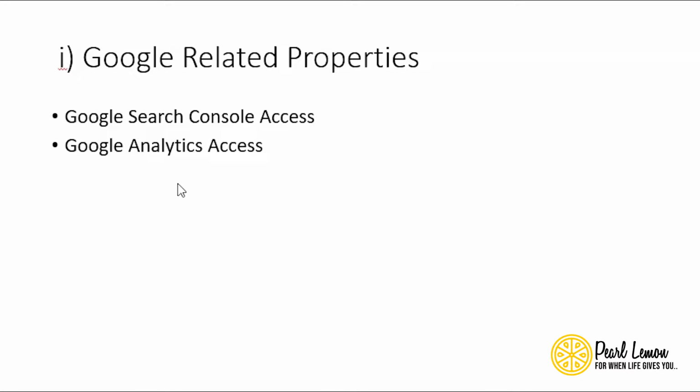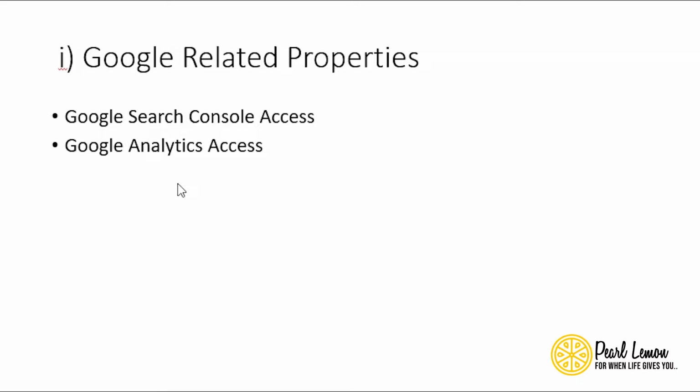But if at any stage in the audit we are hampered by the restricted permissions, then we can ask for full access to the Google Search Console. Google Search Console, as you might know, has two kinds of access: one is restricted and the other is full. So ideally we should have full access to the Google Search Console.